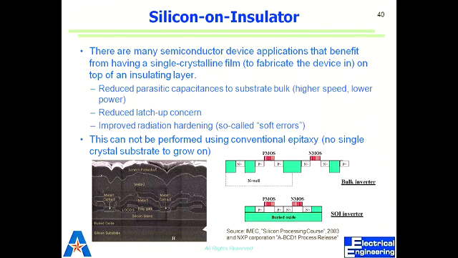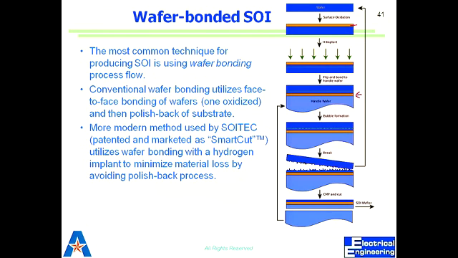So it's hard to do with simple epitaxy, but what we can do is bond two wafers together. You put a wafer on top of a wafer, bond them together, then you break the bottom and flatten it out. So what you get is an SOI wafer.